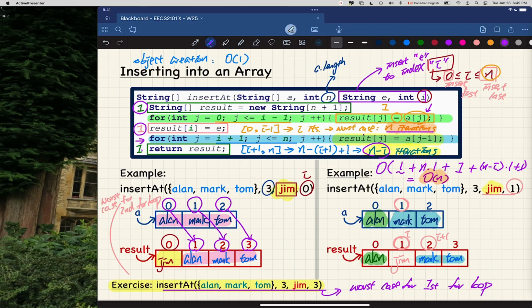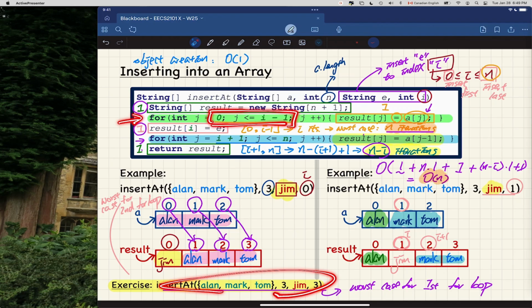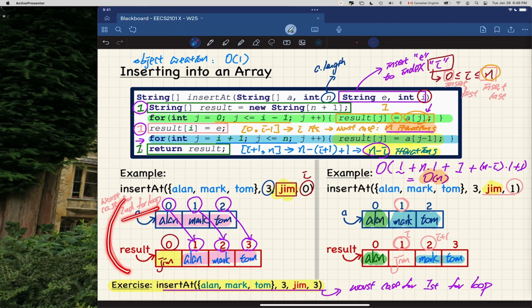Okay, I tell you just this one here. The reason that this will be the worst case for the first for loop, simply because you're going to do the number of copies that correspond to 3, which is the size of the input. Okay, and then as to why this will be the worst case for the second for loop, I'll leave you to think about.